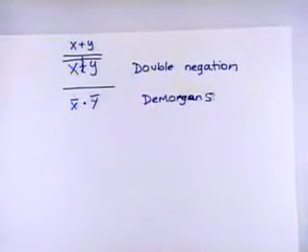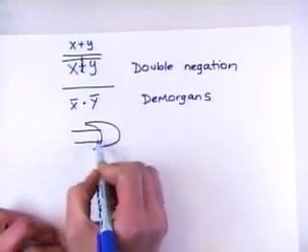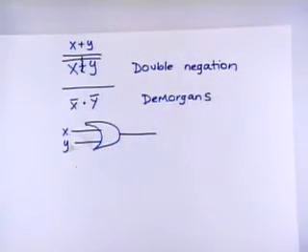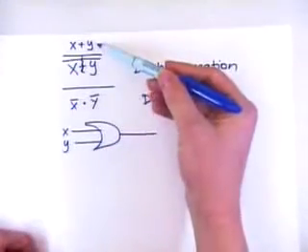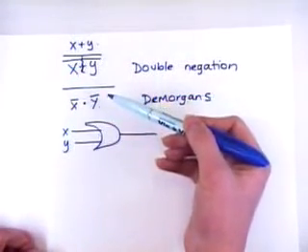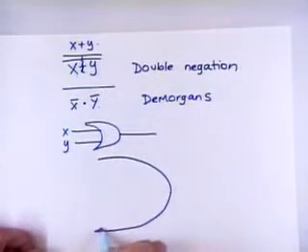And I have a cool picture to go with this that also helps you convert one to the other. So if we had x OR y and we knew we wanted to change it, De Morgan's rule tells me that an OR is equivalent to negating the inputs and the output of the gate. So I'm going to draw this really big.